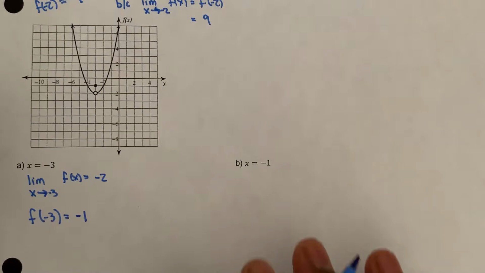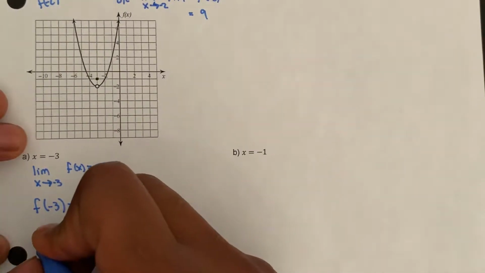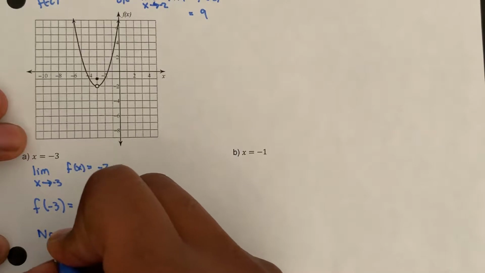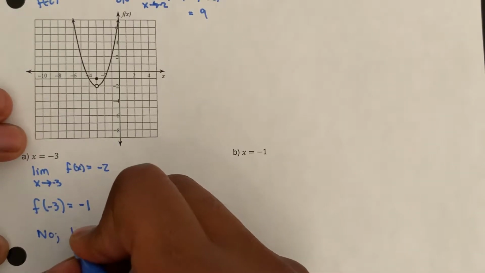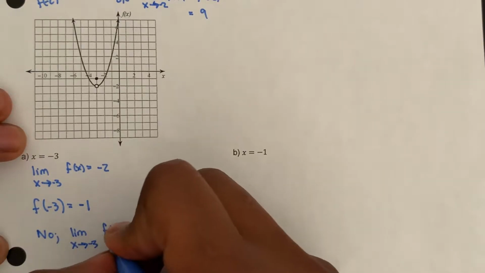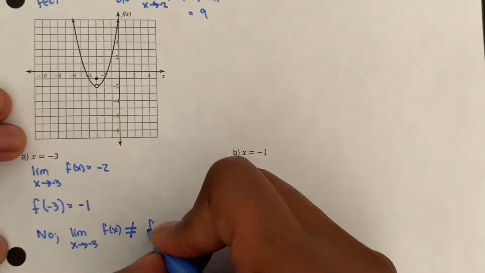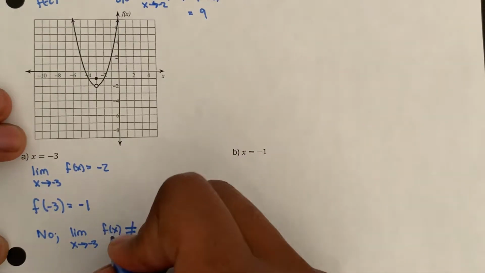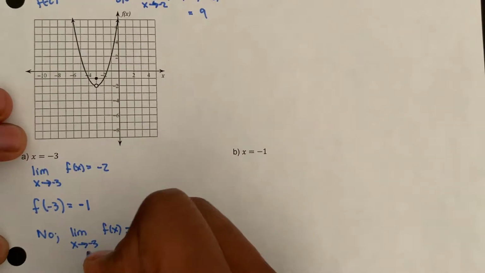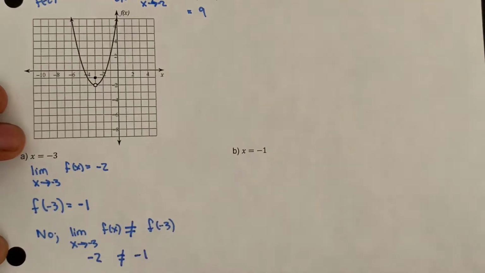So in this case, is the function continuous at x equals -3? The answer is no. The limit as x approaches -3 of f of x is not equal to f of -3. This value was equal to -2, and -2 is not equal to -1.